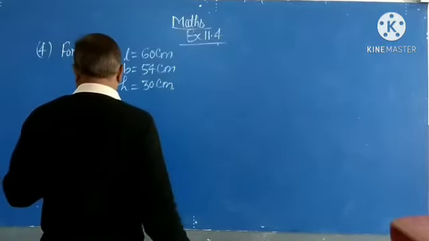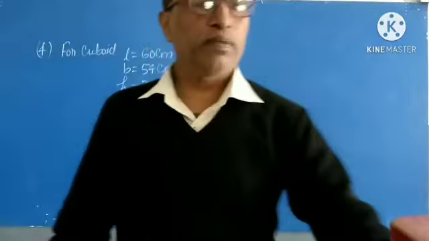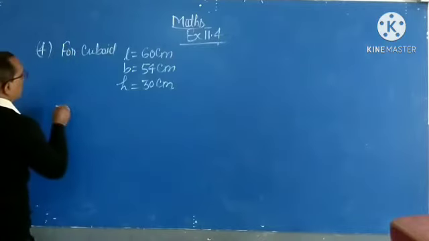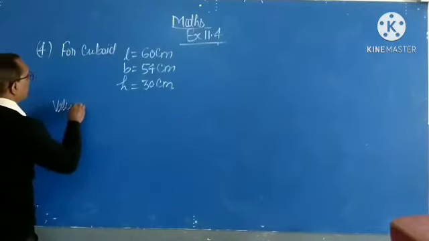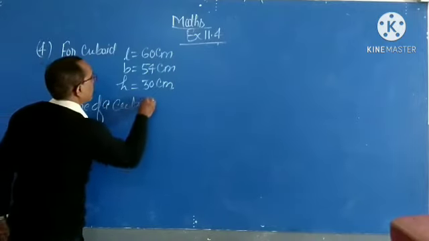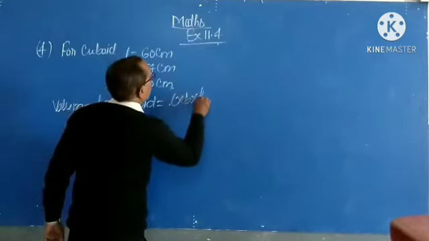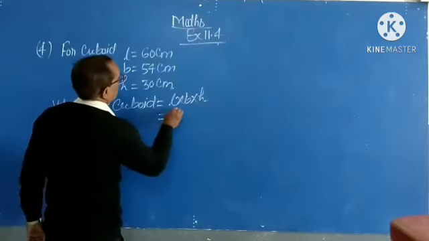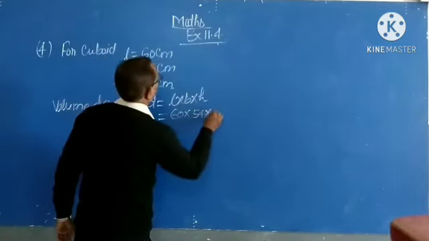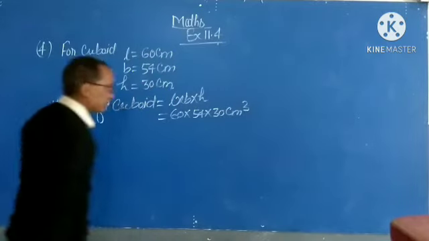Okay, and you find out the volume of cuboid by using formula L into B into H. Volume of a cuboid is equal to L into B into H, that is 60 into 54 into 30 centimeter cube.